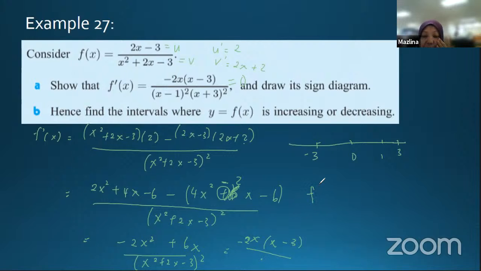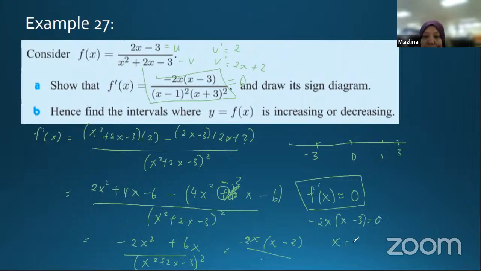We have to find our stationary point when we equate our f prime equals to 0. Not just taking the denominator or the numerator equals to 0 only. This whole thing equals to 0. So your f prime is this. When this whole thing equals 0, the denominator you bring to your right side will be 0. Multiply with 0 is nothing. So what is left? Negative 2x times (x minus 3) equals to 0.